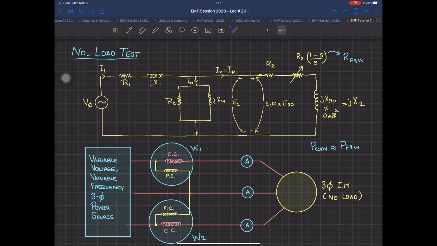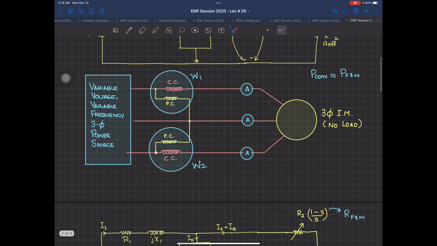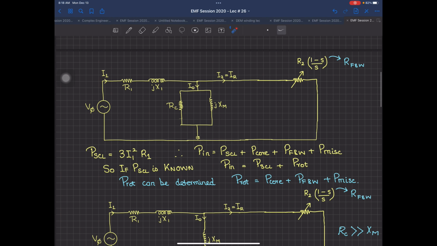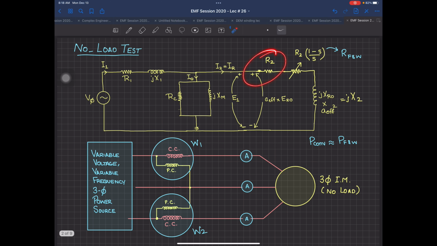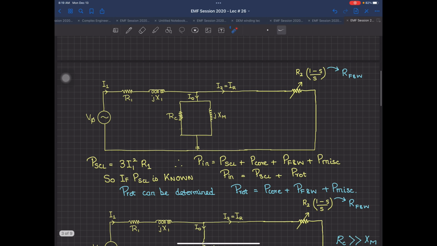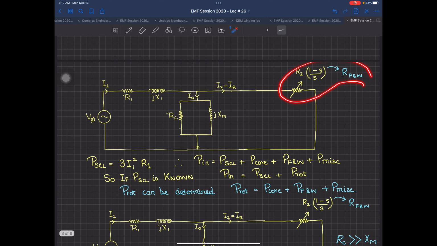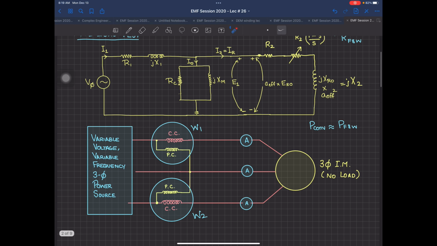So the first approximation, now this test has a lot of approximations coming in. Over here, if you see from this circuit diagram, I have not taken this R2 and jX2 over there, and I have only represented it by this R friction and windage, because R2 and jX2 will be very, very small as compared to the actual friction and windage over there.